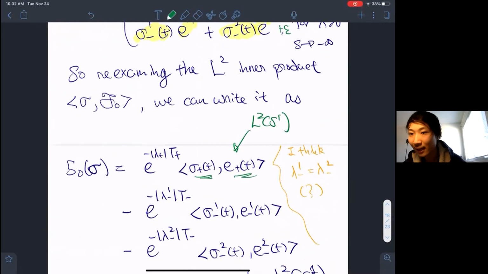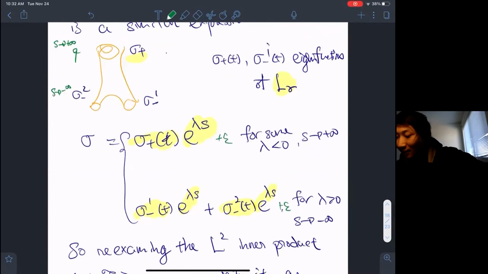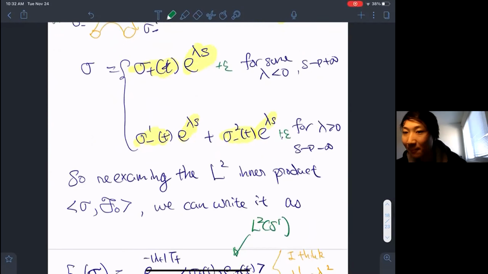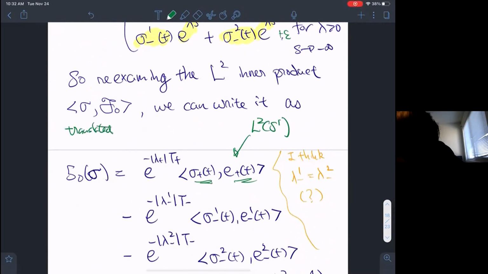The fact that you translated these curves u plus and u minus up and down by t plus and minus is going to show up as a numerical factor that appears before the L2 pairing.